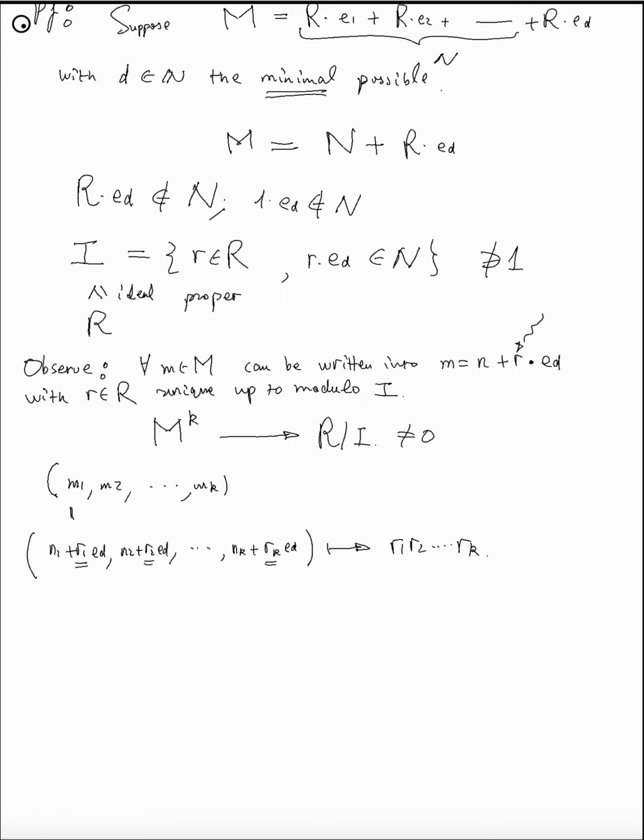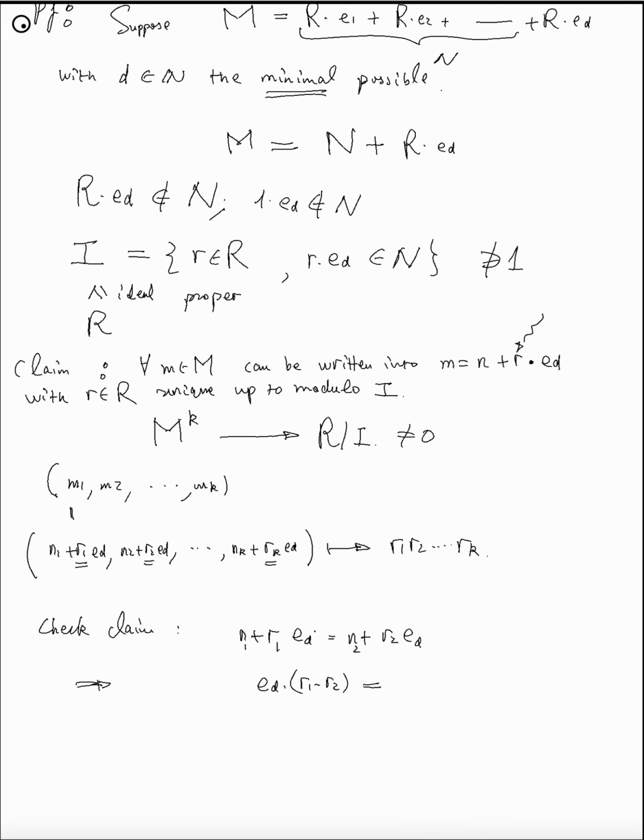So first, let's check why this is the case. Let's check the claim. So if you have n1 plus r1 ed equals n2 plus r2 ed, then this implies n1 minus n2 plus ed times r1 minus r2 equals 0.